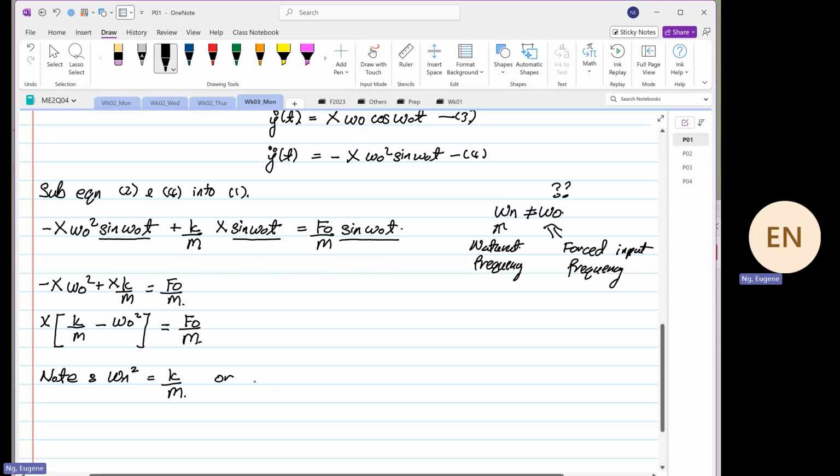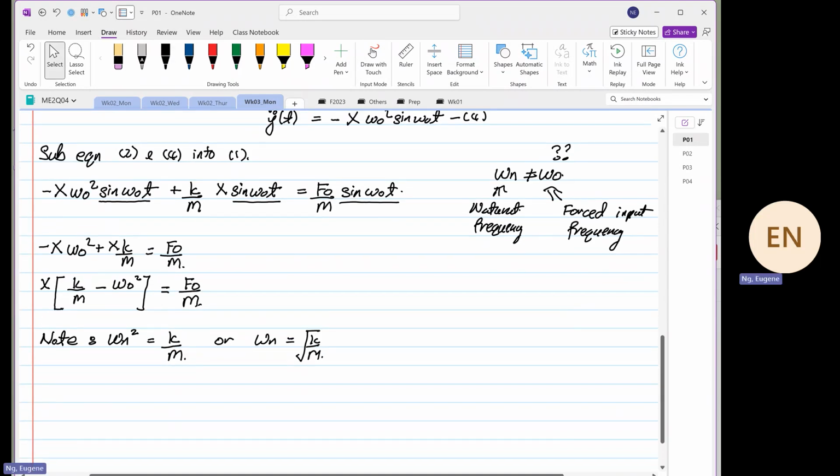Or omega n is equal to square root k over m. So when we substitute that term in, x times omega n squared minus omega naught squared is equal to f naught over m.